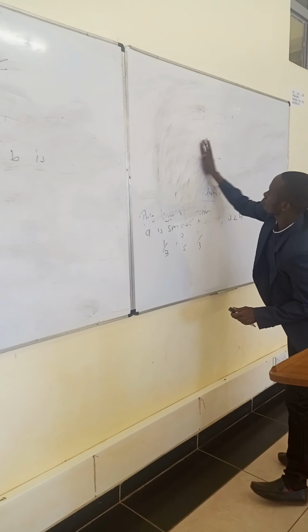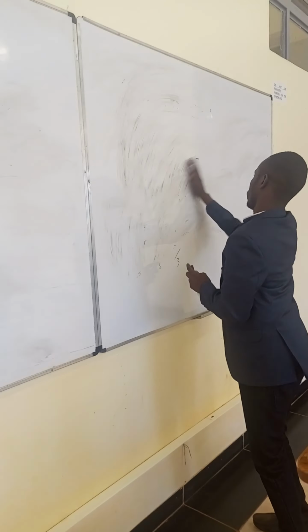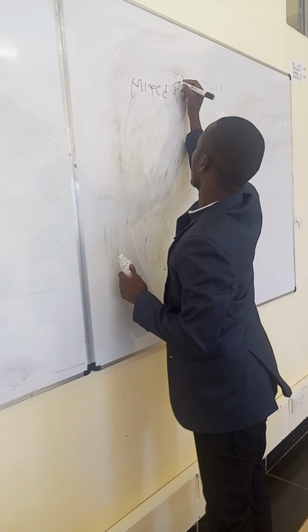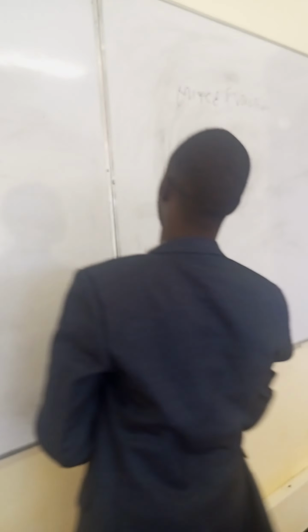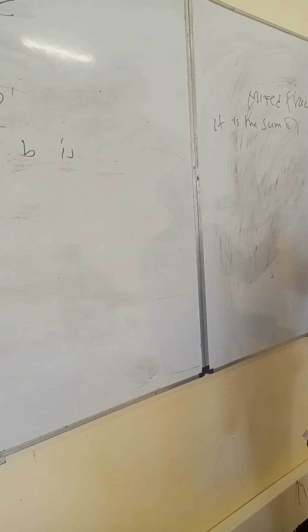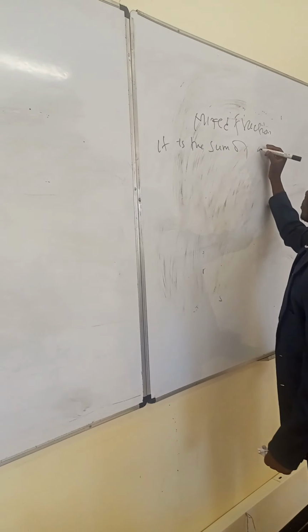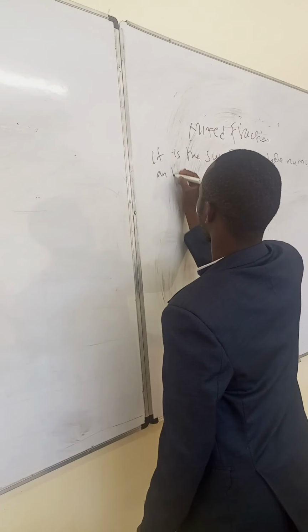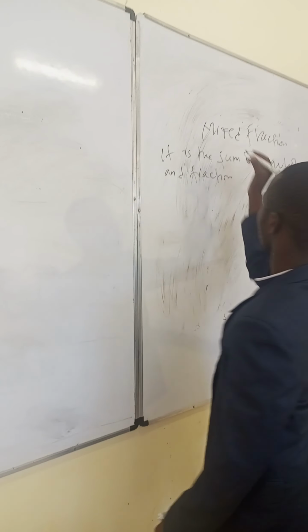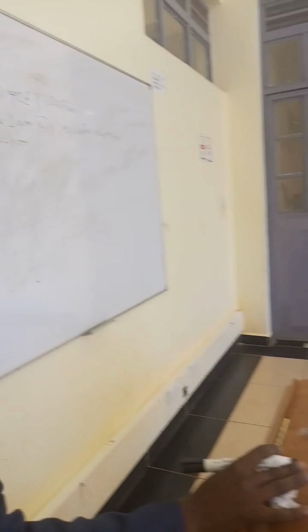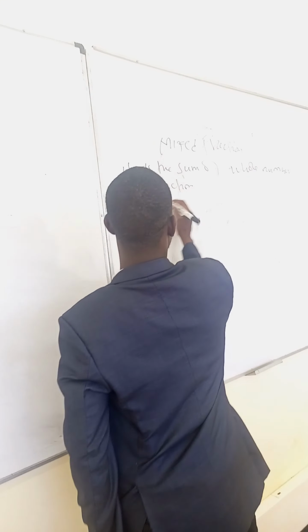The last one is the mixed fraction. For this one, we can simply say it is the sum of a whole number and a fraction. A whole number is a number without a decimal point or a fraction, so we can have 1, 2, 3, and so on.